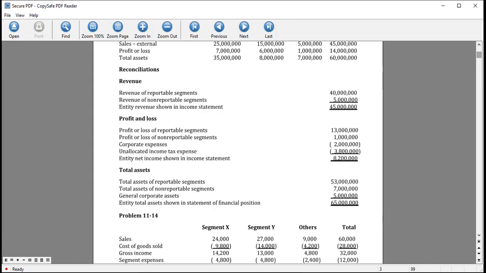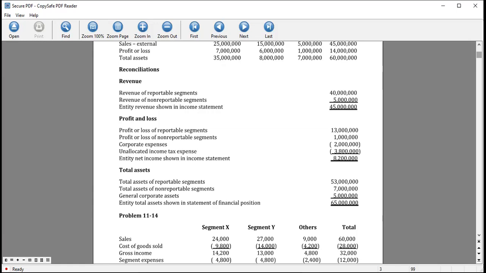The total segment expenses of 33 million include general corporate expenses of 2 million. The chief operating decision maker does not allocate income tax as a measure of profit or loss.